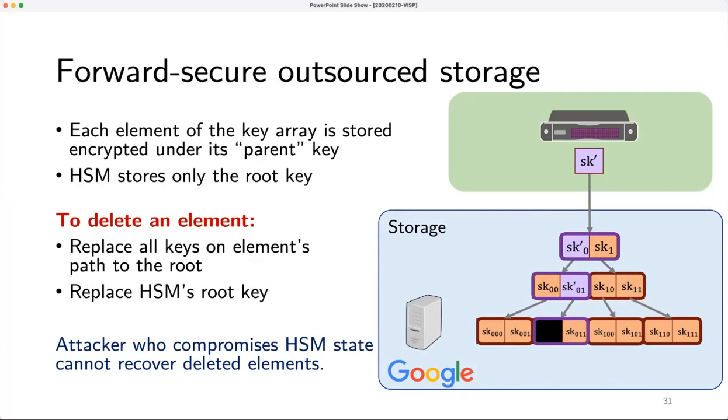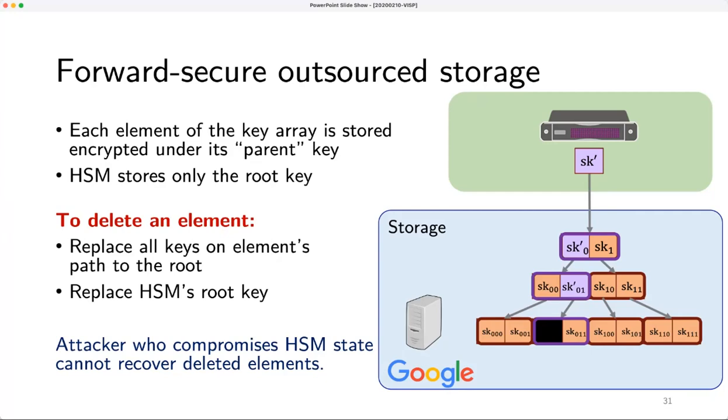And eventually it gets a new root key, and it deletes the old root key. So to just show this again, if the HSM wants to delete an element of this array, it re-encrypts all of the pairs on the path from that leaf to the root under fresh keys. And in doing so, removes from this last pair the thing that it wanted to delete.